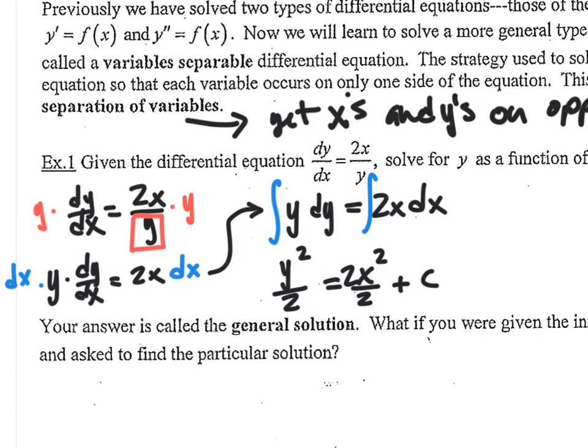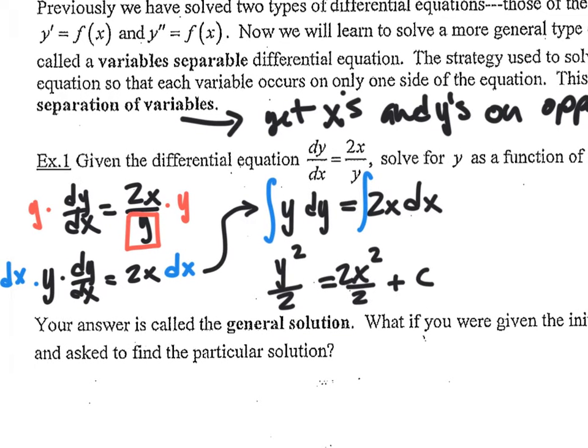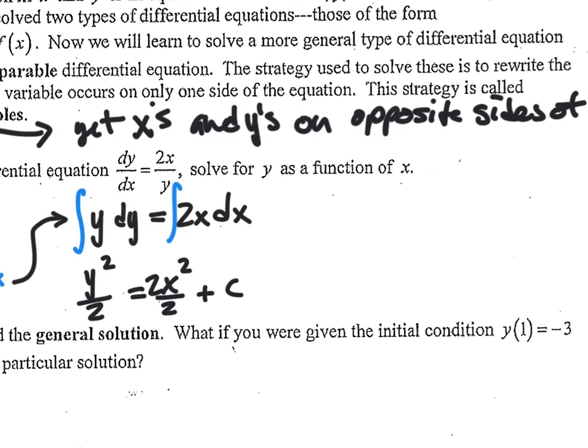So what I want to do now is solve this equation for y. Let me do a little simplification first and say that y squared over 2 is equal to, the 2's divide out here, and we just get x squared plus c. Now I'm going to multiply both sides by 2.